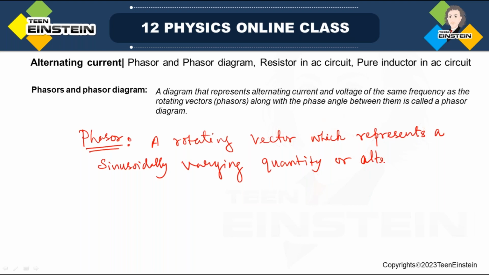Alternating signal means alternating current or voltage. That is called a phasor.